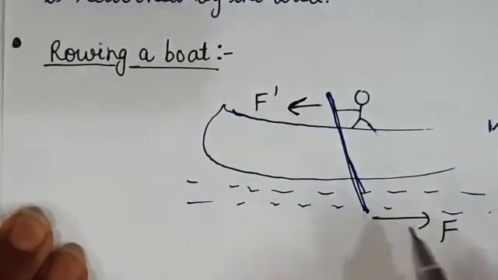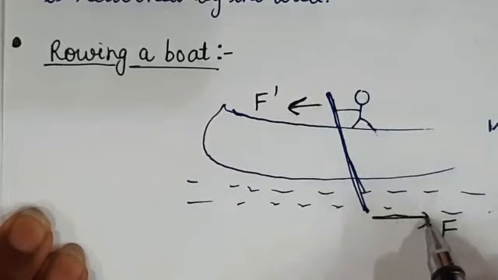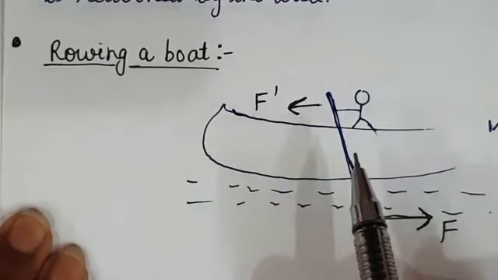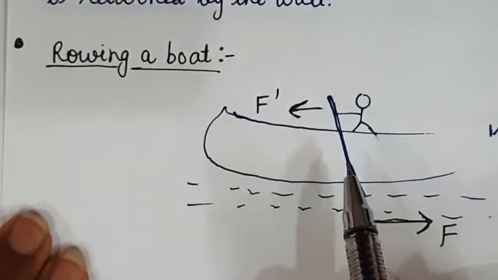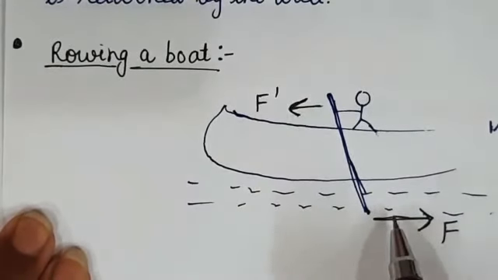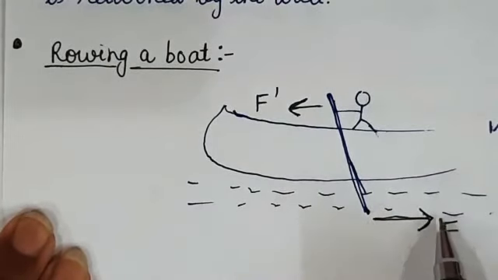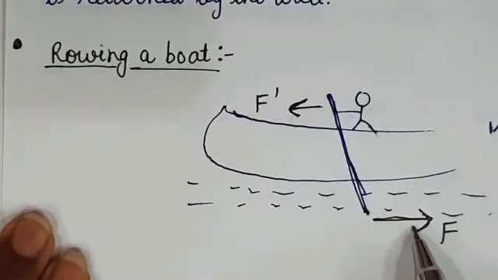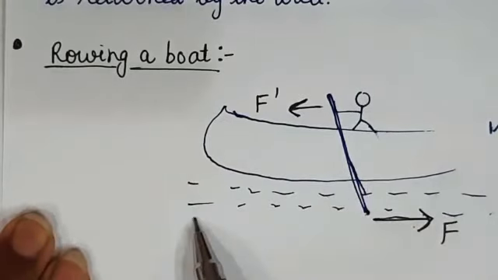So he paddles the water in backward direction. While rowing a boat, when you want to move forward, you paddle by pushing the water in backward direction. So, action reaction force. This paddling of the water in backward direction makes you move forward.